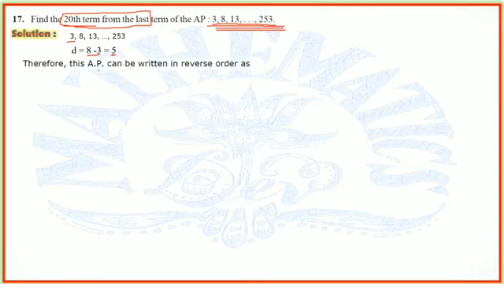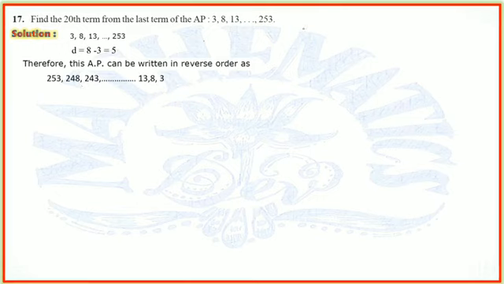Therefore this AP can be written in reverse order. Why reverse order? Because of the 20th term from the last. After writing this AP in reverse order, we get the following AP, that is 253.